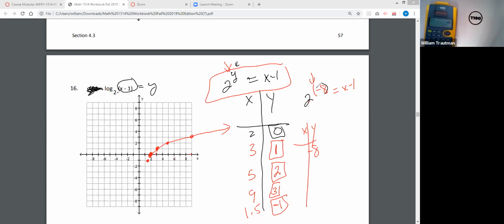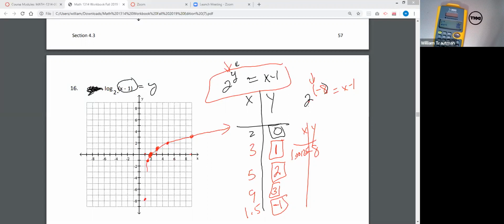And then if you bring the 1 over by adding 1, you get 1 point something, a really small number. I'm not exactly sure, but it's a really small number. So if x is 1 plus a really small number, y is -8. There we go.